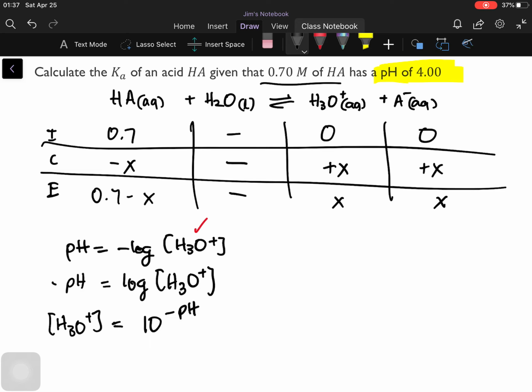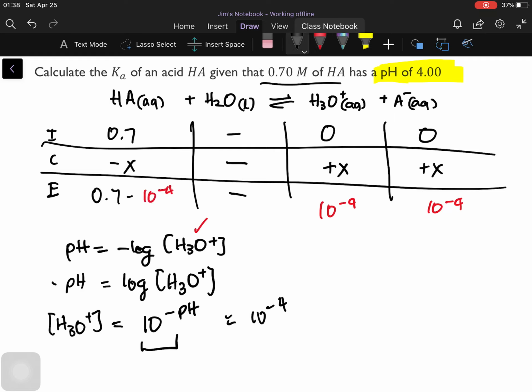Okay, and this is the anti-log function. So that is equal to 10 raised to negative 4. Okay, so that means this x is equal to 10 raised to negative 4. That also means that this x is still 10 raised to negative 4. And that also means that this x is still 10 raised to negative 4.